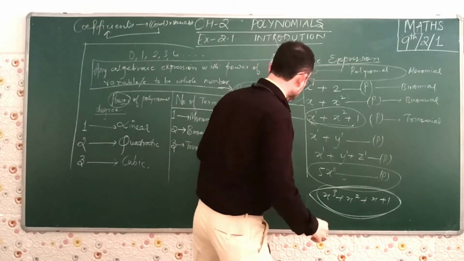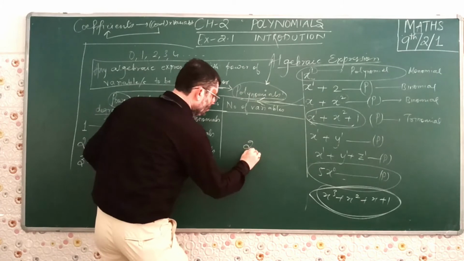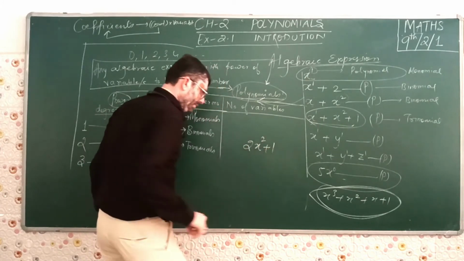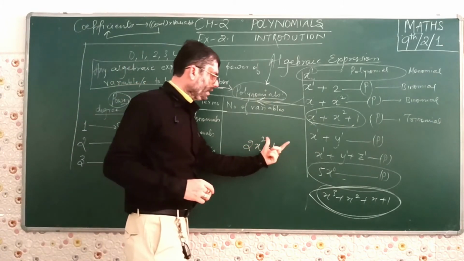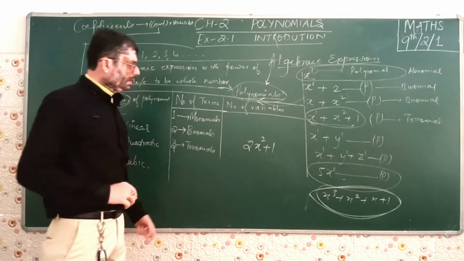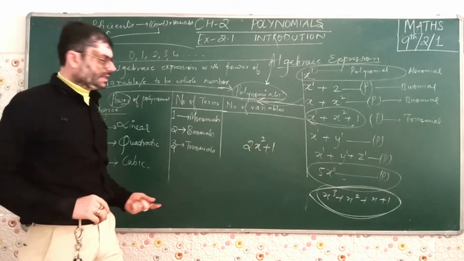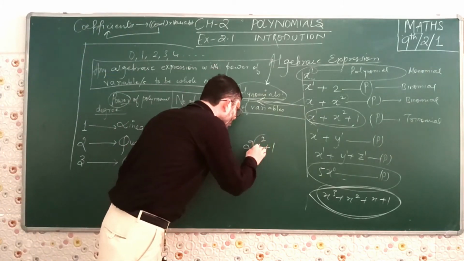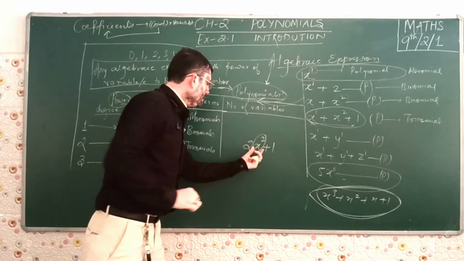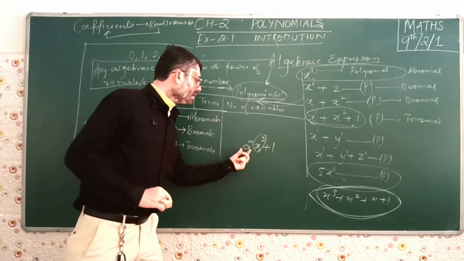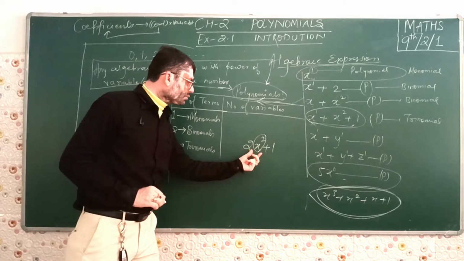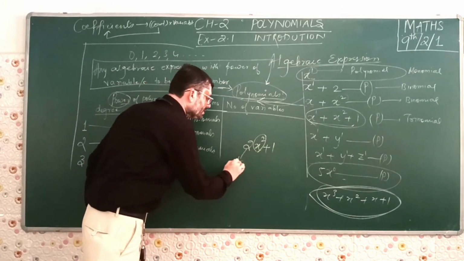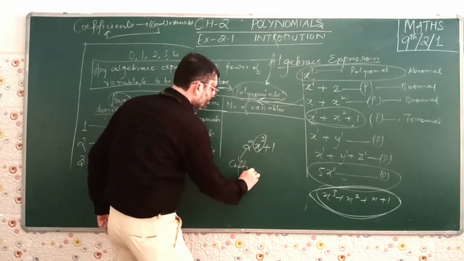Suppose we are given a polynomial 2x square plus 1. Then what is the coefficient of x square? The coefficient of x square is the constant that is with x square. What is the constant with x square here? That is 2. So this is called the coefficient of x square.